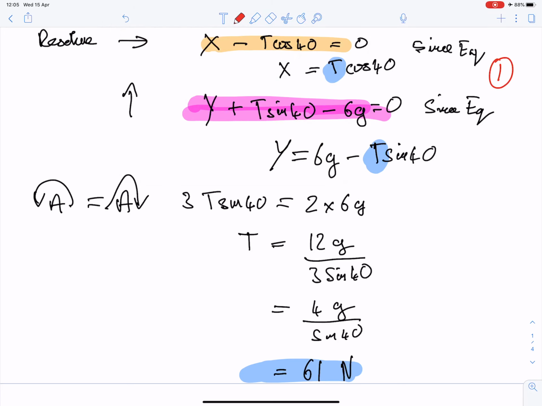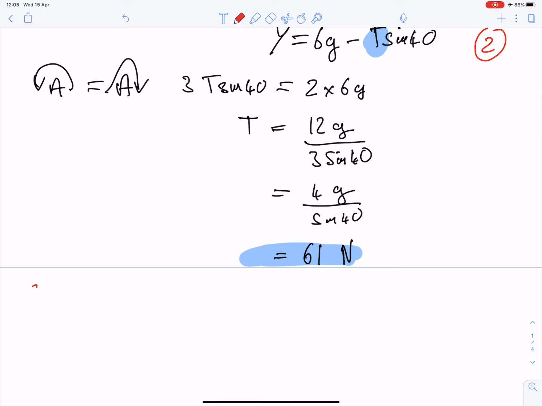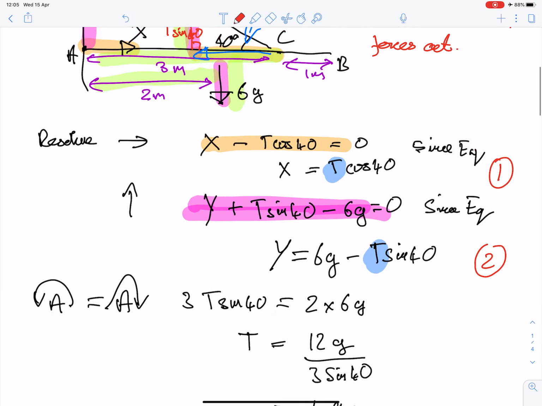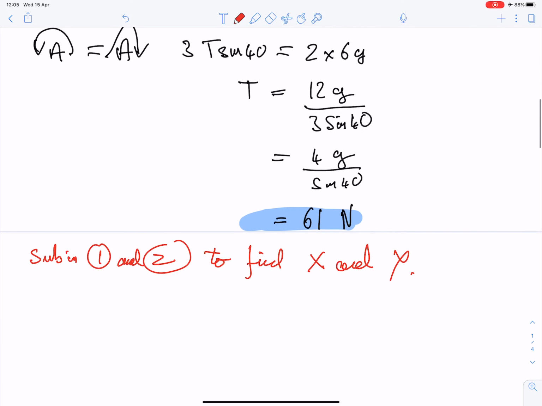So that would be 8 over root 2 or 4 root 2G. So roughly 5G, around 50, 60-ish. So let's tap that in the calculator and it comes out to be 61 newtons, there or thereabouts, for T.